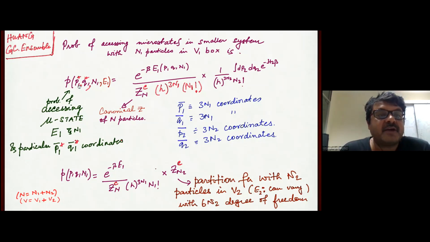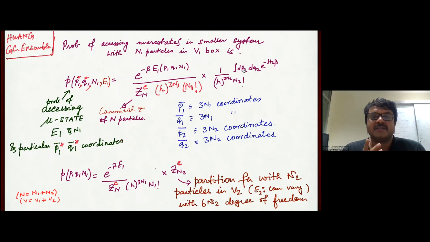That's why I write P1 star, Q1 star, number of particles N1 and energy E1. So this is not the set of all microstates. P1 star, a particular microstate, is e to the power minus beta E1 for a particular value of P1, Q1, N1.